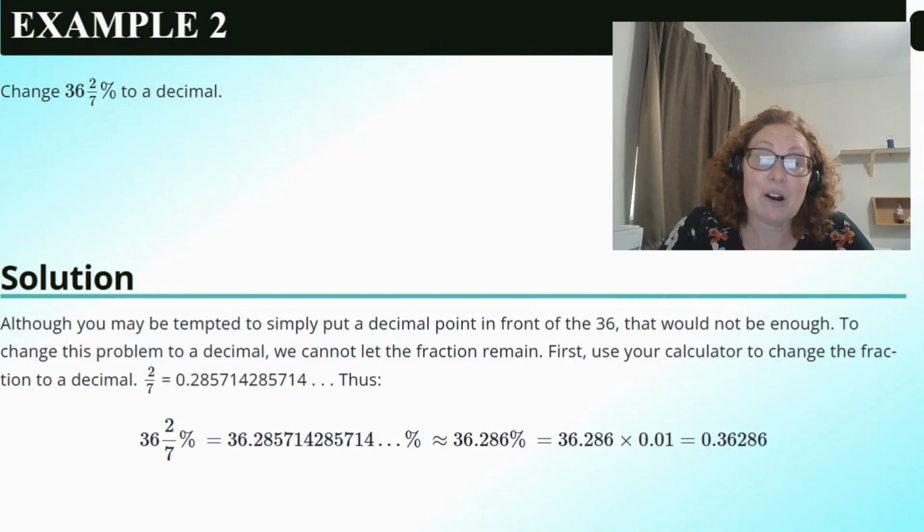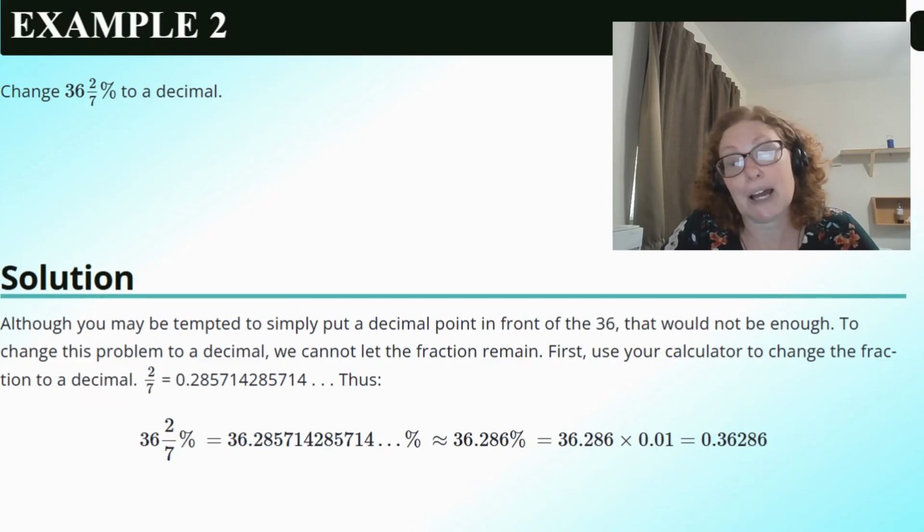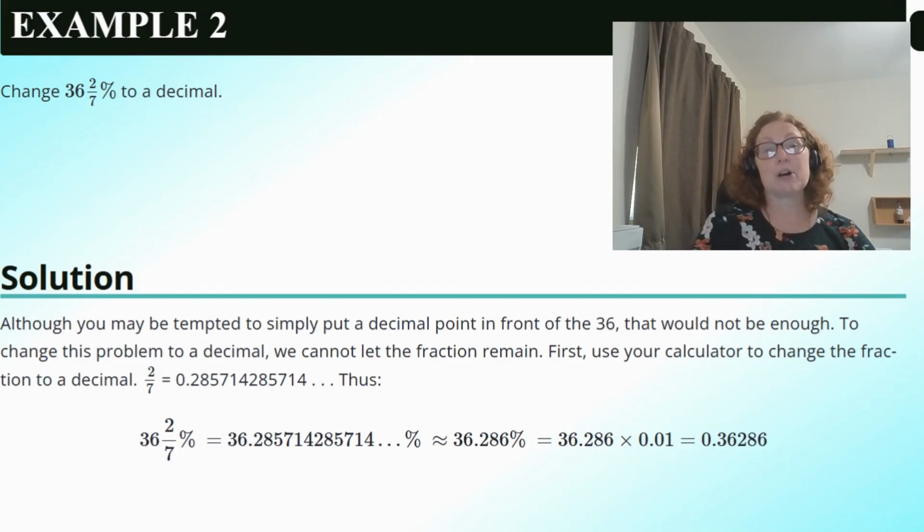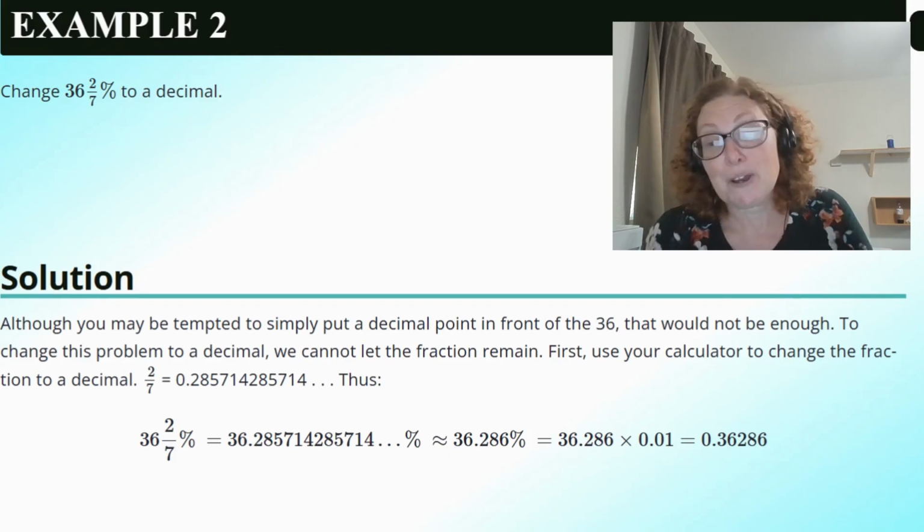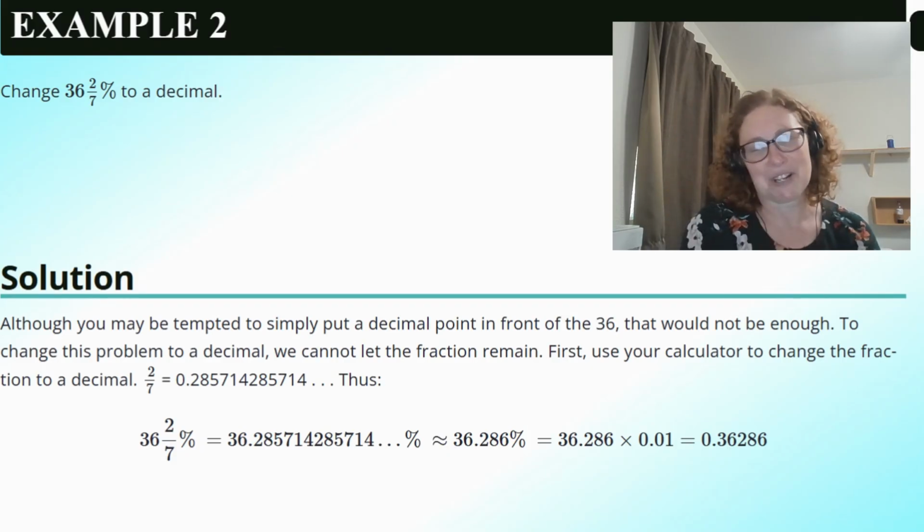So what we are going to do is keep the 36, and change 2/7 into a decimal. You can do that by taking your calculator and putting 2 divided by 7. You're going to get the number 0.285714, on and on and on. Then we take 36.285714 times 0.01, and we get 0.36286.